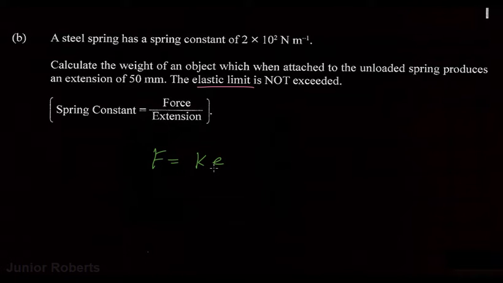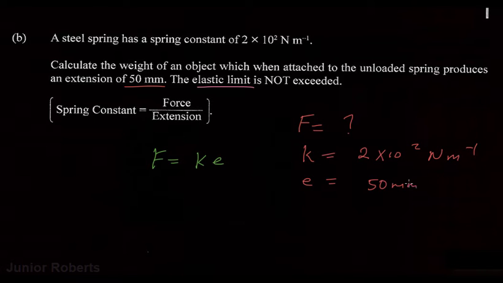They gave us this formula here, but it's the same thing that we rewrite right here, F is equal to KE. Now in this case, we're trying to find F, which is the weight. So F is our unknown. We're given that K is equal to 2 times 10 to the 2 newtons per meter, and that the extension is 50 millimeters.